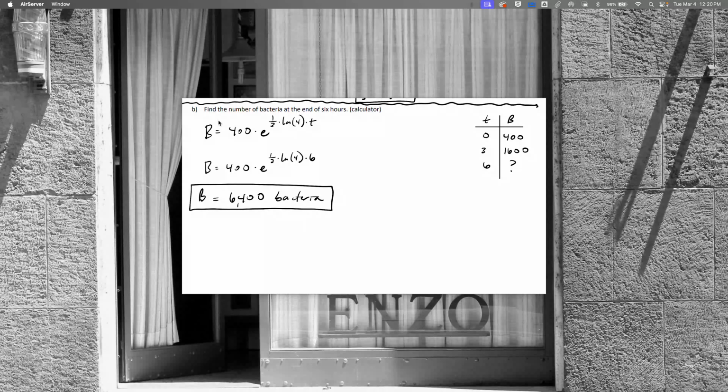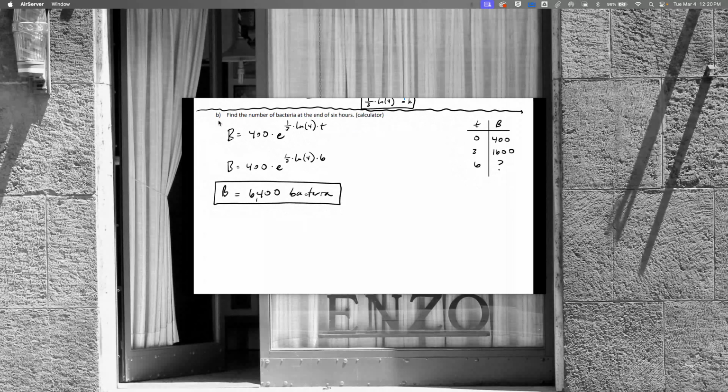Okay. After 6 hours, there'll be 6,400 bacteria.